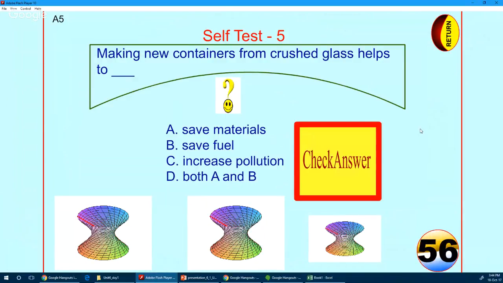Making new containers from crushed glass helps to dash. Option A, save materials. Option B, save fuel. C, increase pollution.